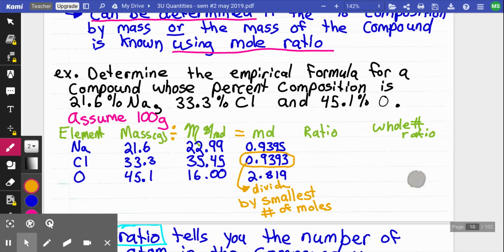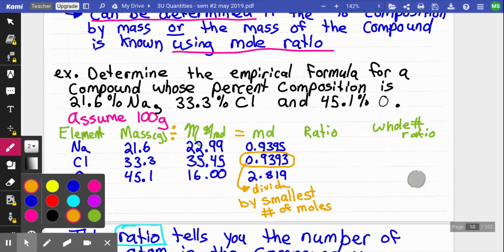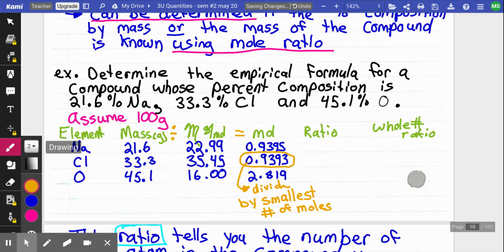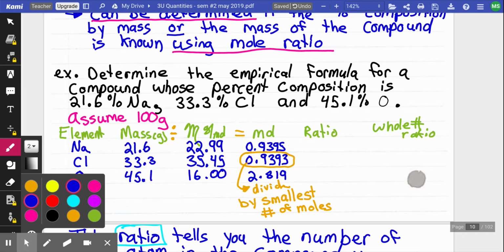All right, if I take 0.9393 and divide it by itself, I get a 1. If I take 0.9395 and I divide it by 0.9393, I basically get a 1. And if I take 2.819 and divide it by 0.9393, I get a 3.